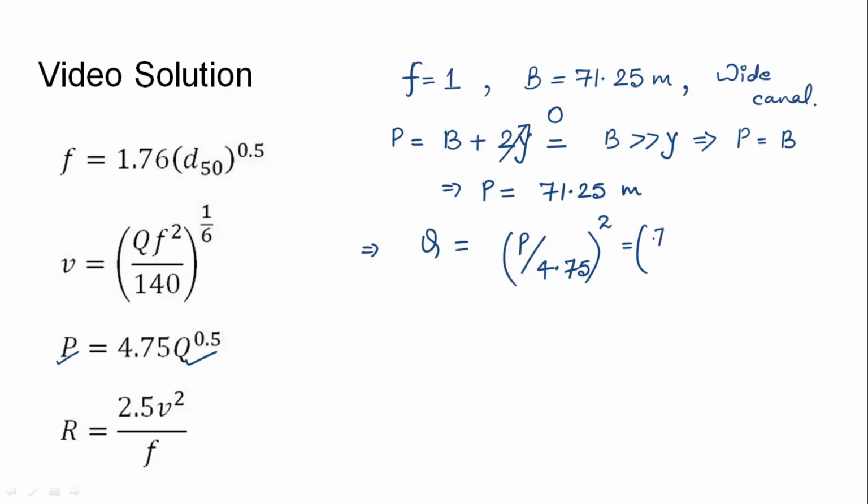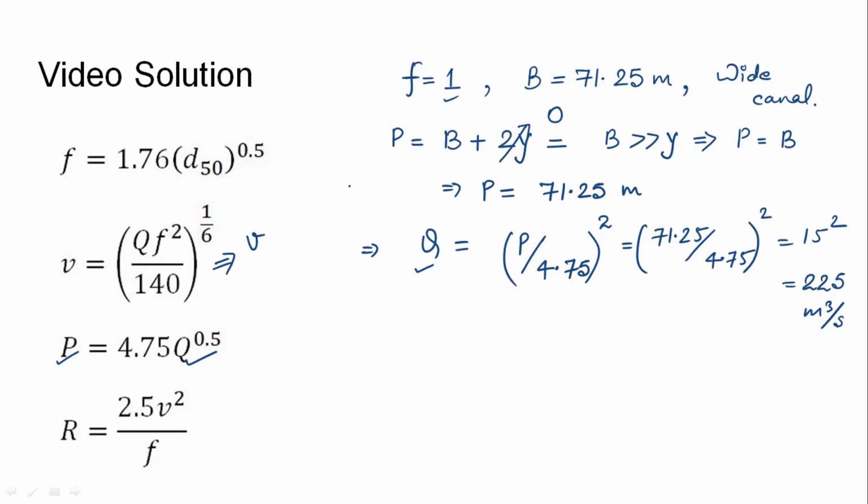This would be 71.25 divided by 4.75 power 2, which is 15 square. This would give the discharge as 225 meter cube per second. Now we have Q and we also have F, so we can use the second equation to find V.